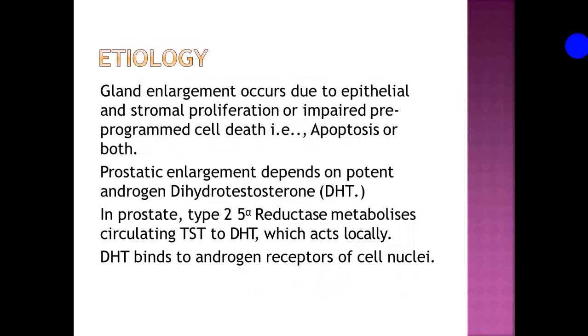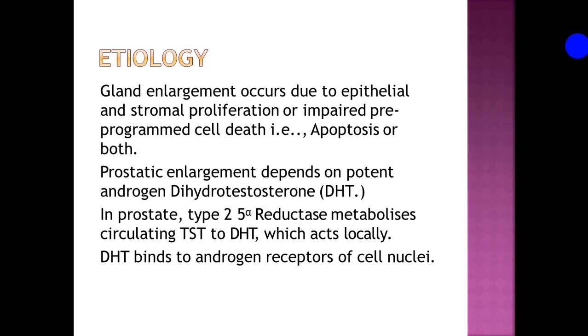When we talk about the etiology of benign prostatic hyperplasia, we have to know that the gland enlargement occurs due to epithelial and stromal proliferation, or impaired pre-programmed cell death, apoptosis, or both.